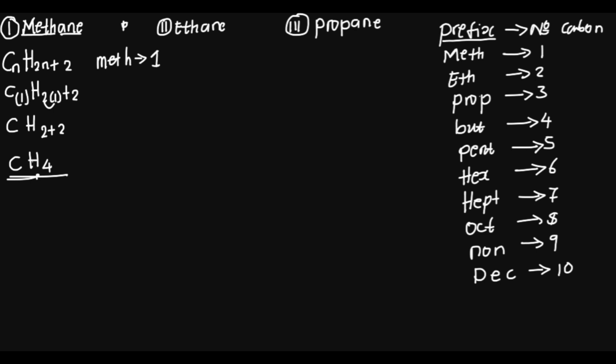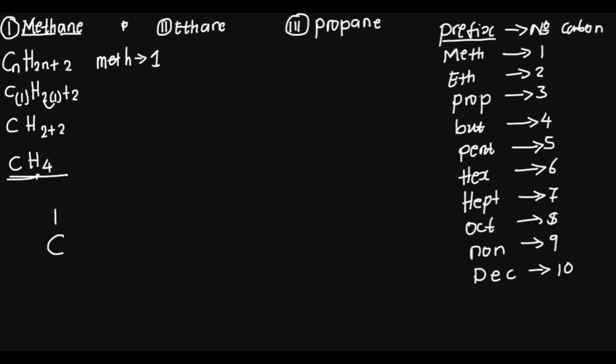Now, since we've written the molecular formula, we can move on to our structural formula. Whenever you are trying to write the structural formula, first you need to write the carbon atom. Here we only have one carbon, so you write one carbon. Then remember we said carbon is in group 4, and group 4 elements like to form 4 bonds.